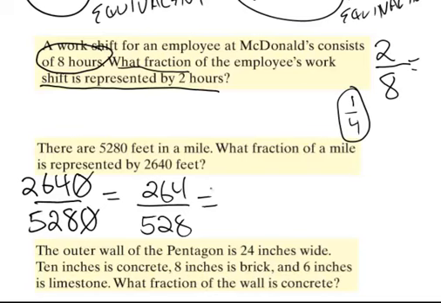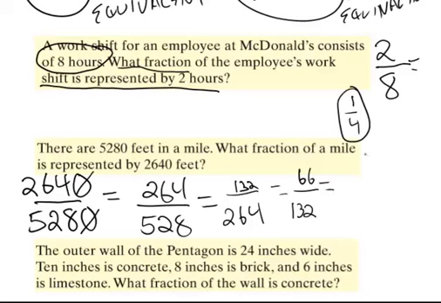They're both even. So 264 by 2 is 132. 528 divided by 2 is going to leave me with 264. Now, I know I can keep reducing these numbers here. Oh, let me try by 2 again. So 132 divided by 2 is 66. 264 divided by 2, I already know is 132.